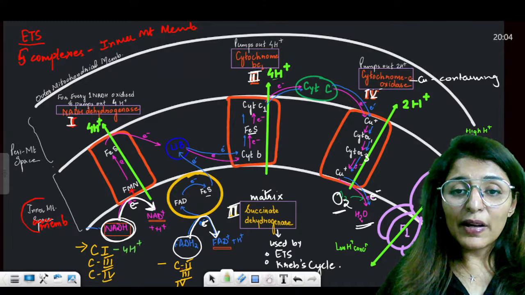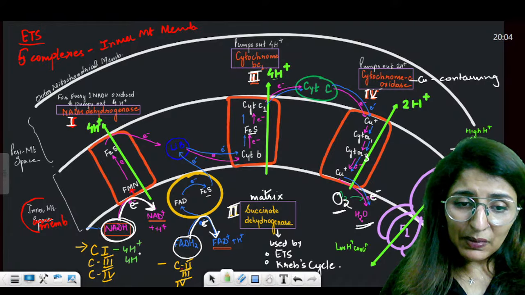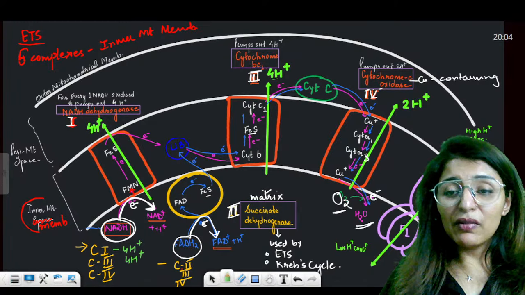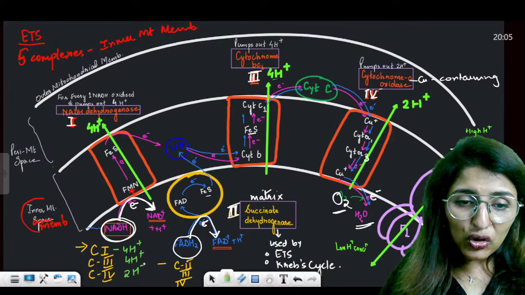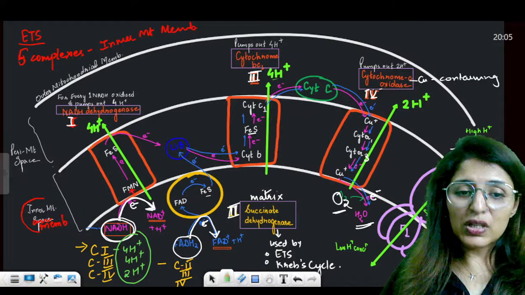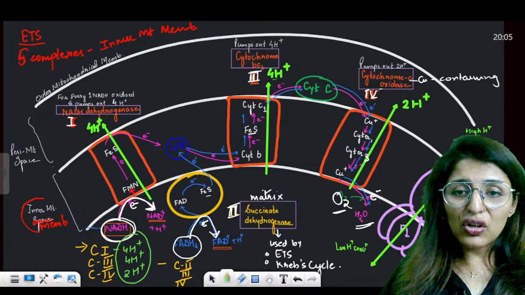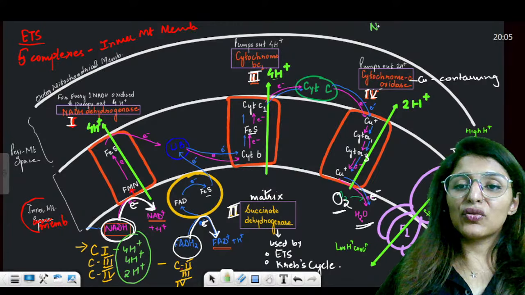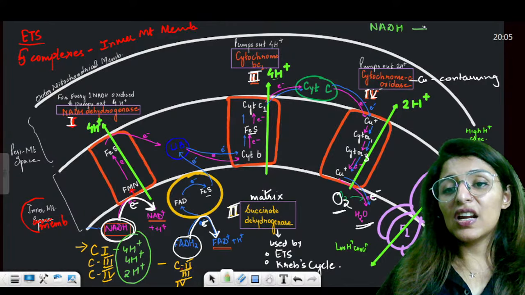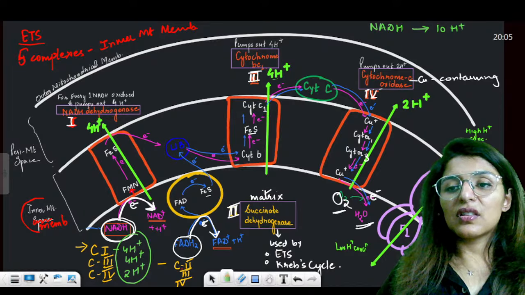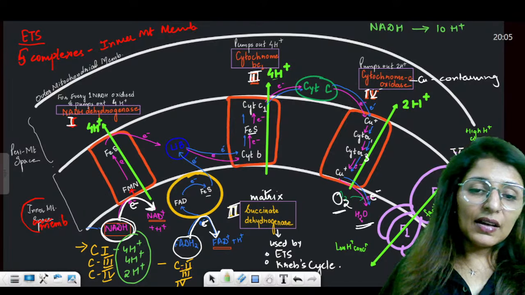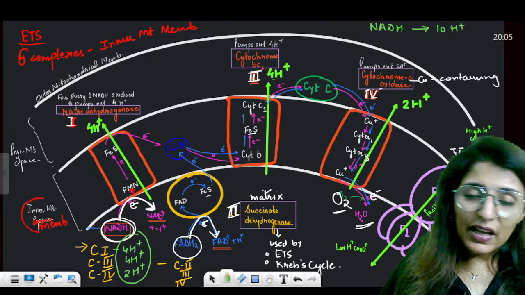How many are pumped out by complex 3? 4 pumped out here. And how many will be pumped out by complex 4? 2. So the total H positive ions or protons pumped out during the oxidation of NADH are 10. So for one NADH oxidation, 10 H positive ions are pumped out. Is that clear?